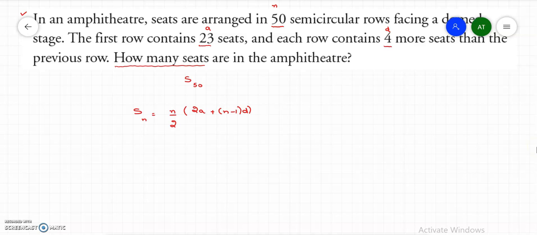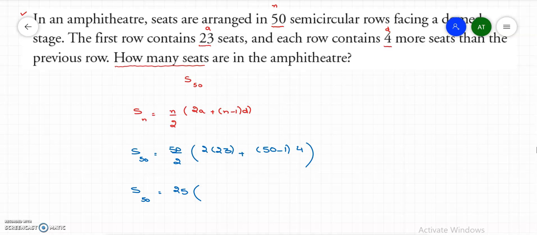So n would be 50, so we can say S50 is equal to 50 divided by 2 into (2 times 23 plus (n value is 50 subtract 1) into the D value, which is 4), right? Okay, let me simplify all the terms. So S50 would be equal to 50 divided by 2 is 25, right?